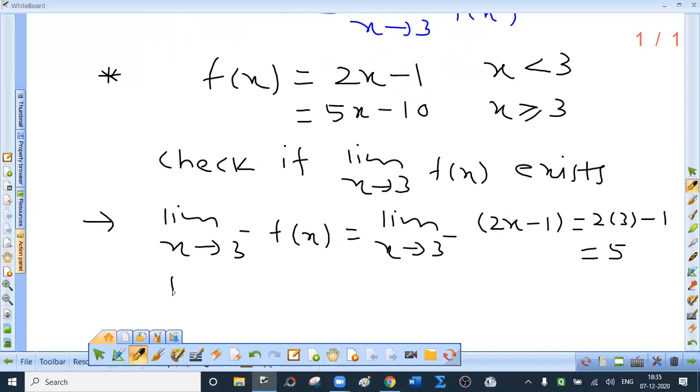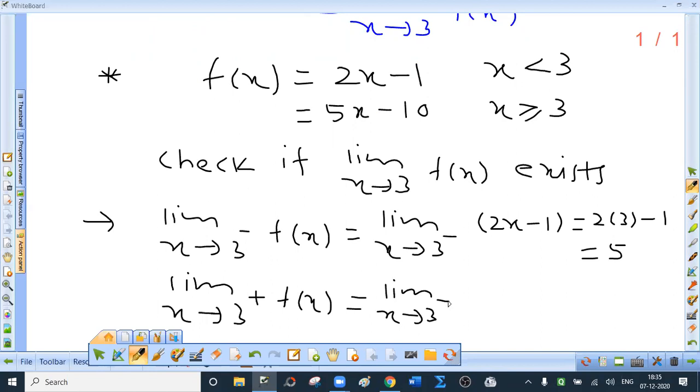Now we evaluate the right hand limit. Limit x tends to 3 plus f(x). 3 plus means the first value assigned lies to the right of 3. Now to the right of 3, numbers are greater than 3. So which function is to be used? 5x minus 10. So this is limit x tends to 3 plus 5x minus 10. Take the limit means replace every x by its limiting value, which is 3.